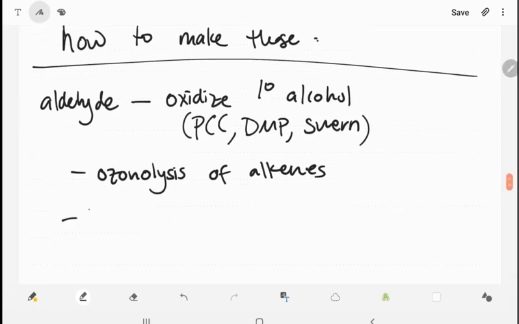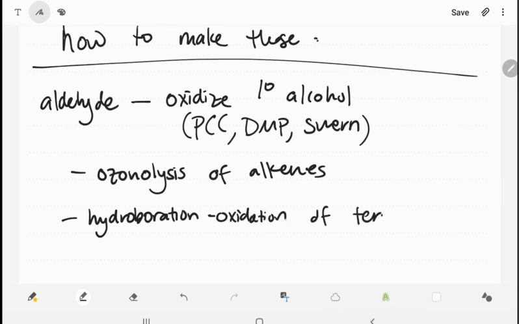And we can also do hydroboration oxidation of a terminal alkyne. So remember, these things will all give us aldehydes if we go ahead and do those reactions.